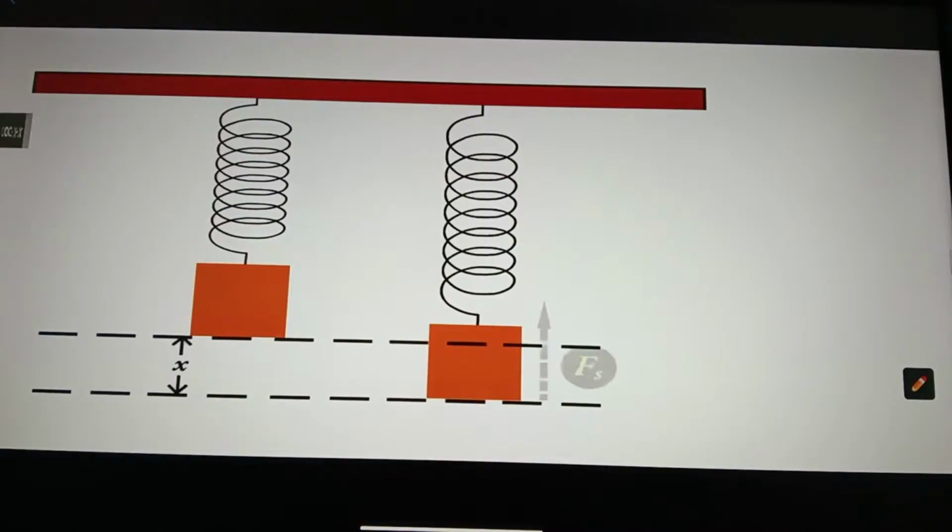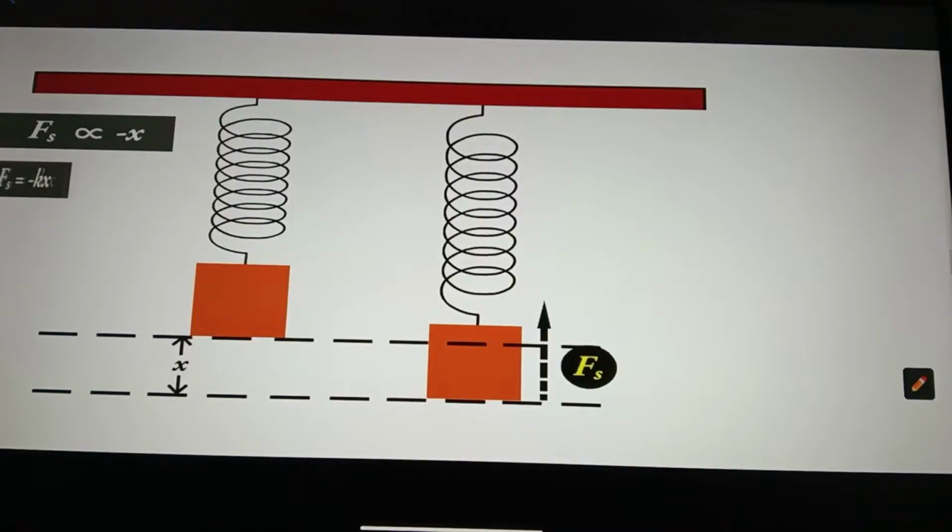By equation, Fs is proportional to minus x, or Fs is equal to minus kx, where x is the displacement from the equilibrium position and k is the spring constant. Let us combine both the equations.